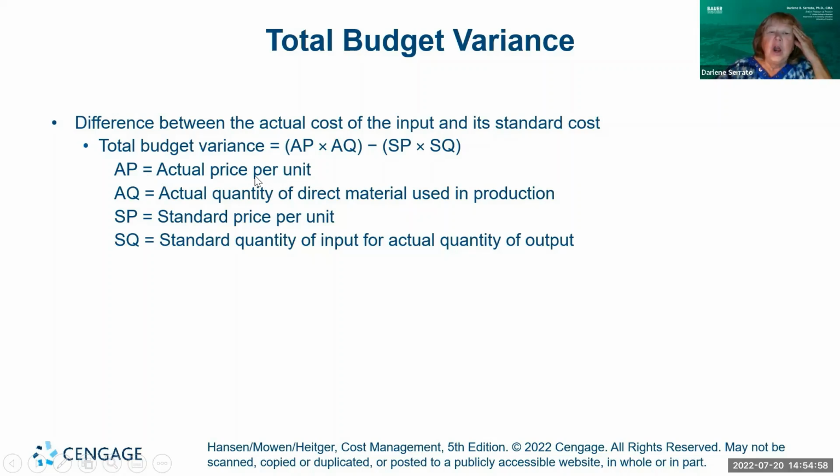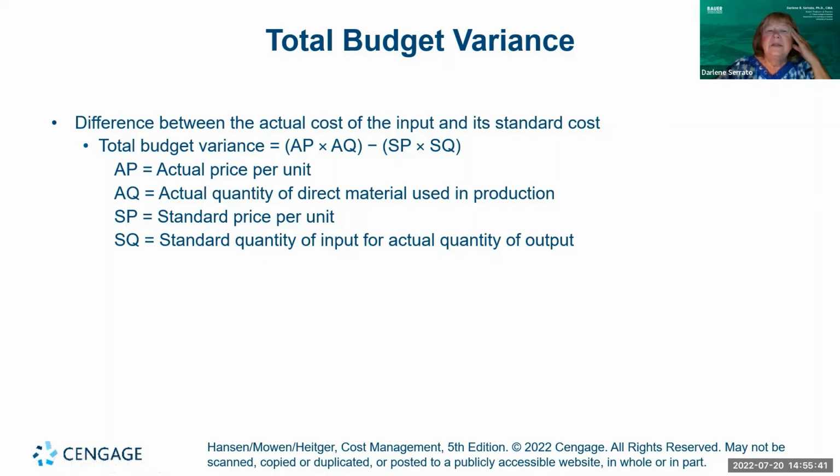So this is per yard, per gallon, per ounce, per board foot, whatever your input for materials is. Actual labor rate. We're talking about labor. Actual quantity of direct materials used. Standard price, SP, standard quantity allowed. For most problems, this has to be calculated. The formula for SQ is standard usage per unit times actual units produced.